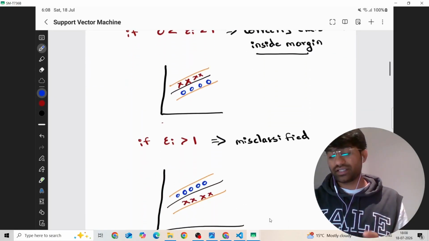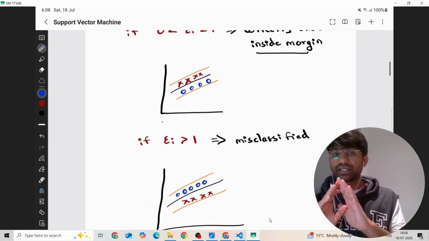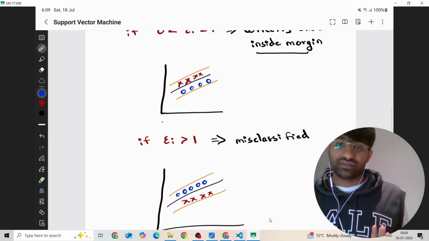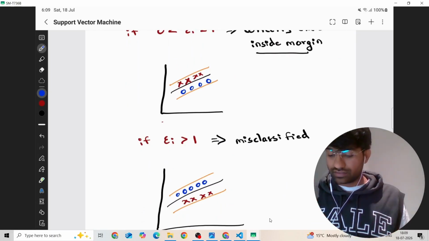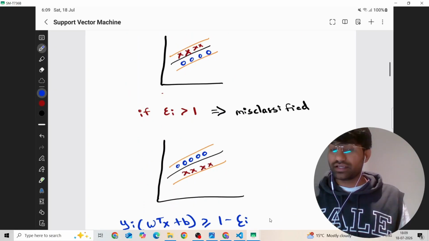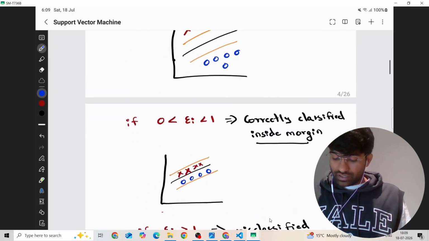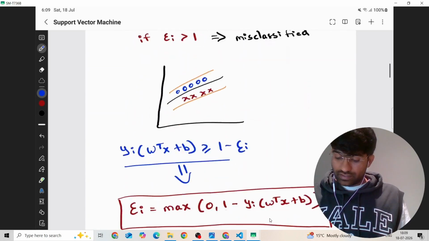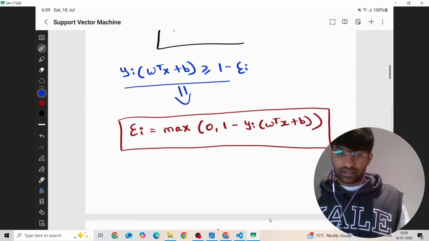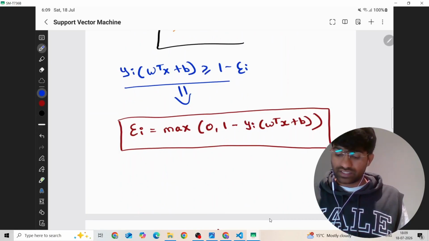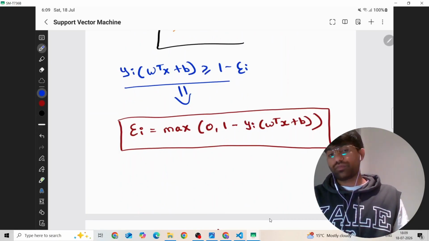And if error is greater than 1, then the machine has made completely wrong classifications, misclassified. The data points are not correctly classified. So based on these scenarios, we make the error term the max of 0, 1. So we are selecting the max of 0, 1.